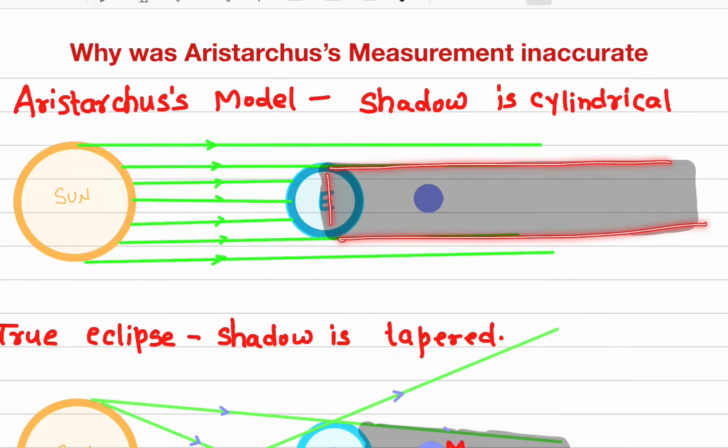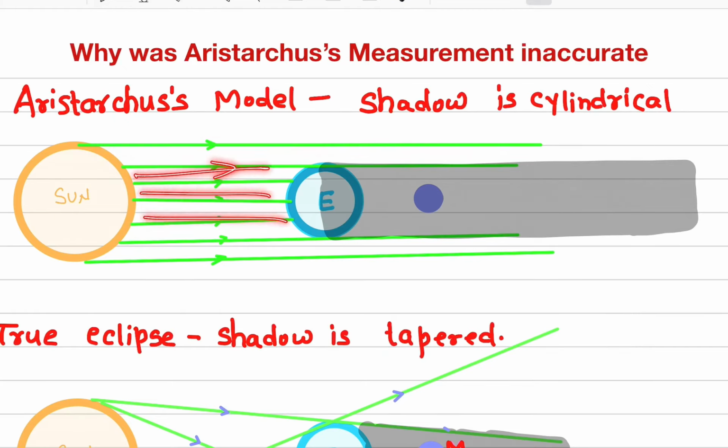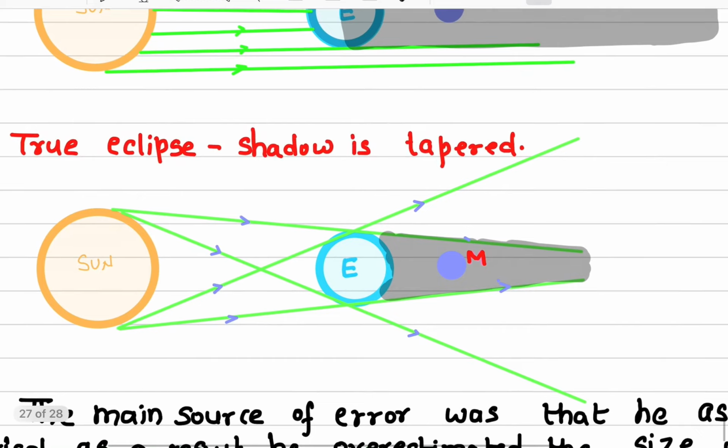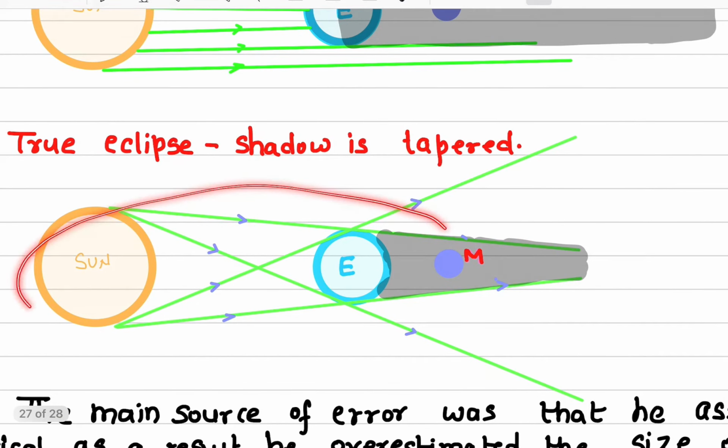And the idea behind this was that the sunlight coming from the sun to the Earth's surface is entirely parallel. All are parallel. If all the light rays are coming parallel, then it would make a complete cylindrical shadow. But that's not the case here. If you look at the true picture of the lunar eclipse, this is how it should look.